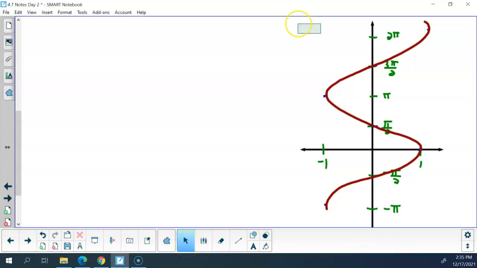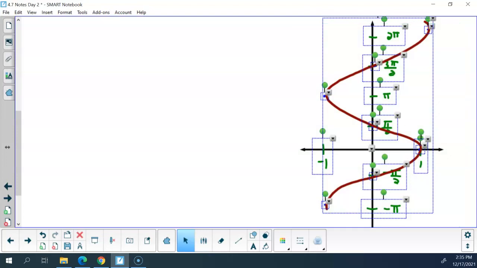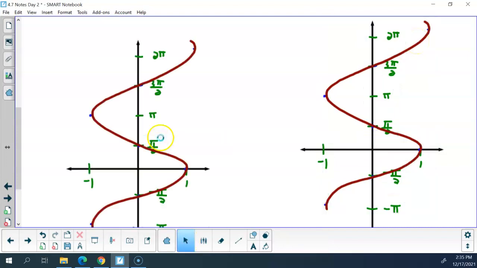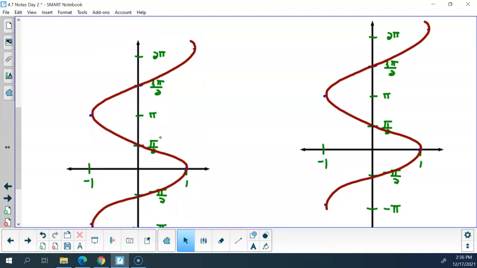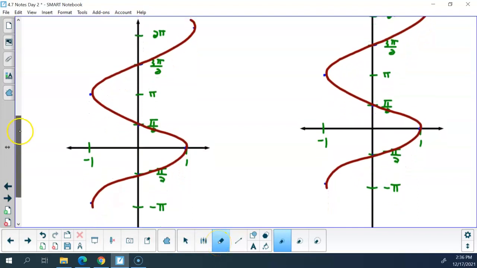First, I'm going to save this one, and I'm going to do it over here. We'll do it on this one. Okay? All right, so eraser's out. Here we go. You tell me when to stop erasing.